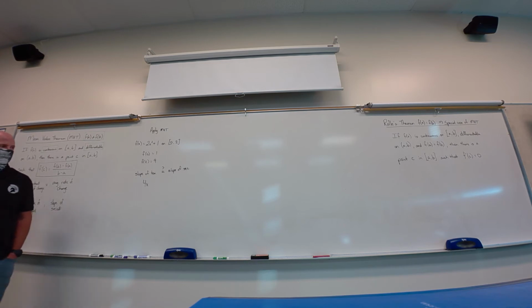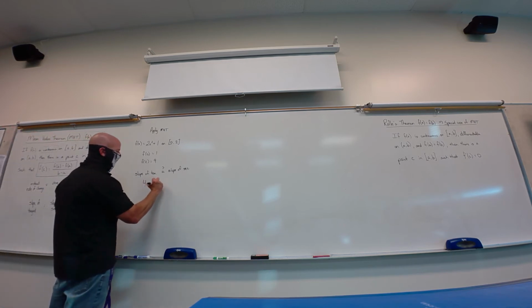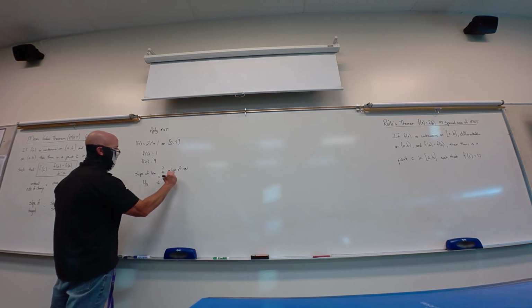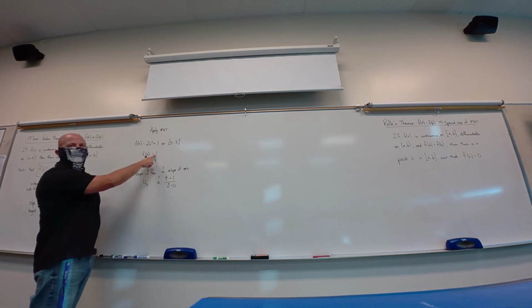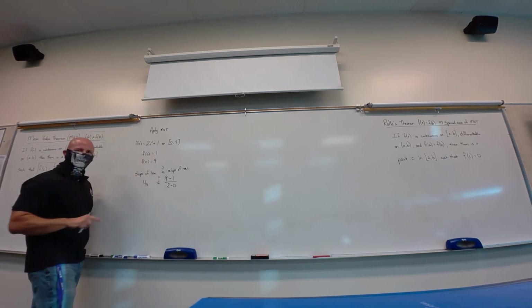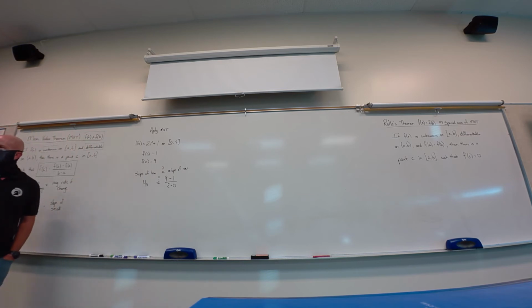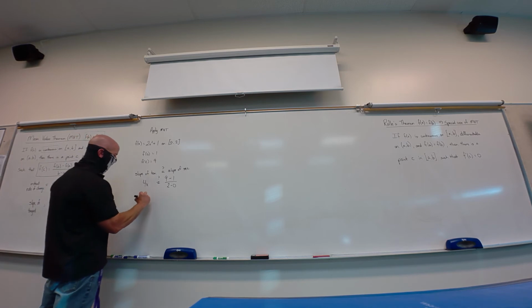Slope of secant, 9. I'm looking for where this happens. 9 minus 1 over 2 minus 0. f of b minus f of a over b minus a. So I'm looking for where 4x equals, what's that, 4, right?